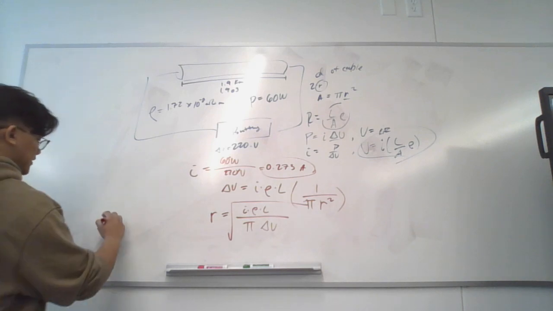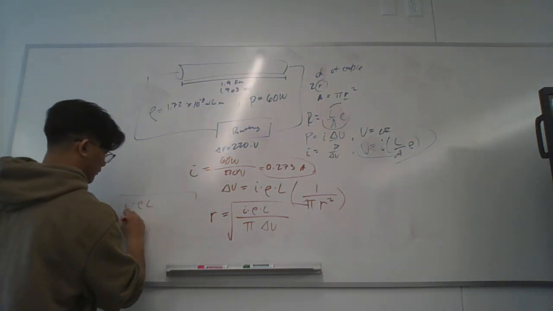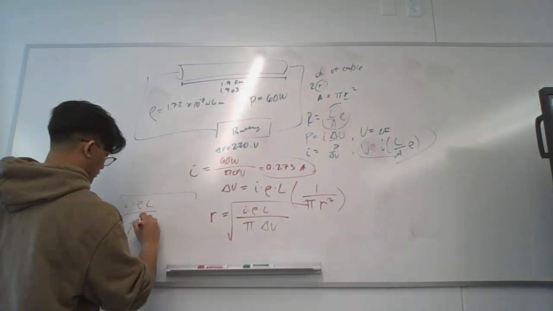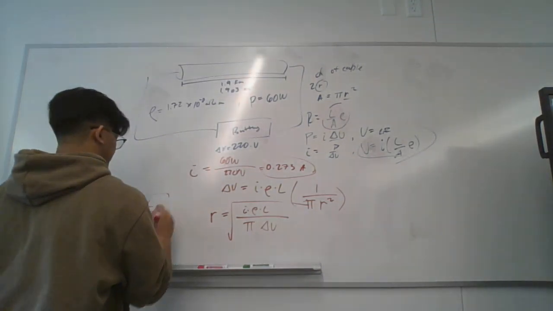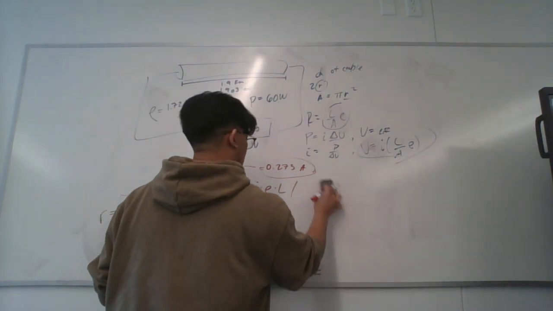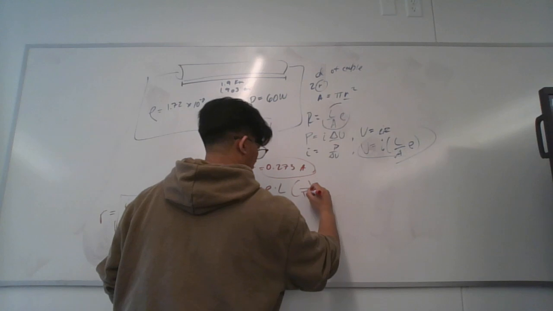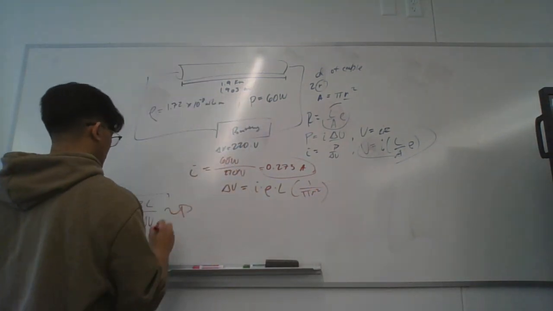Cool. Okay. Now let's go ahead and just plug in numbers here. So I'm actually going to put this to the side. So we can plug in numbers over here. Cool.